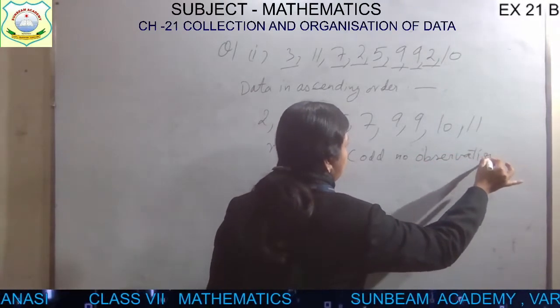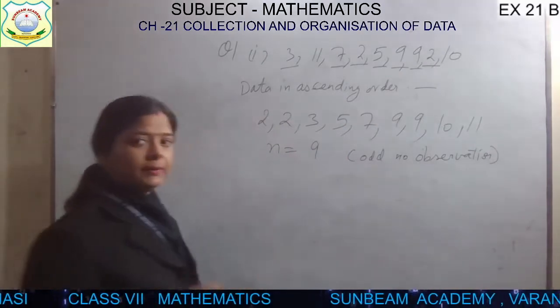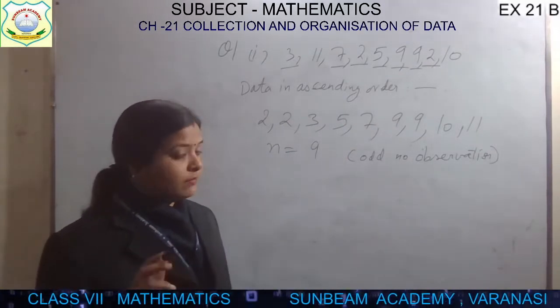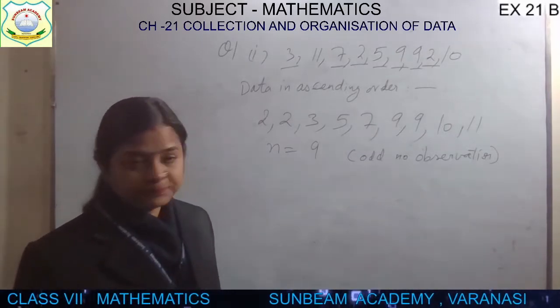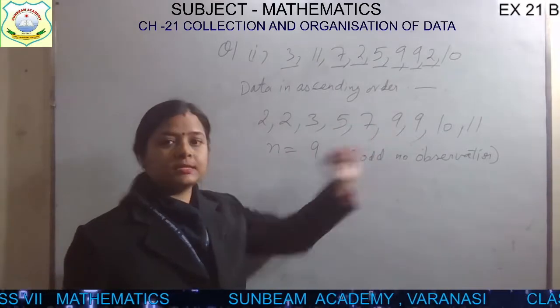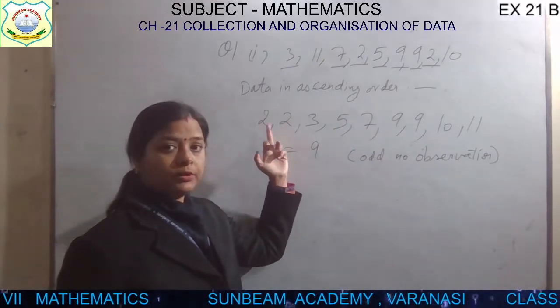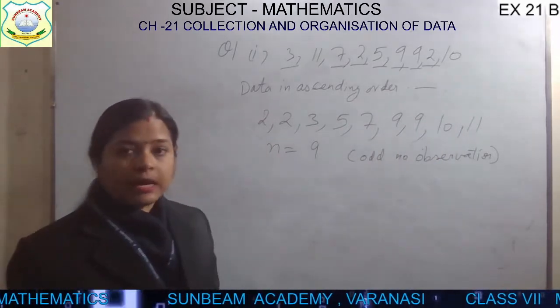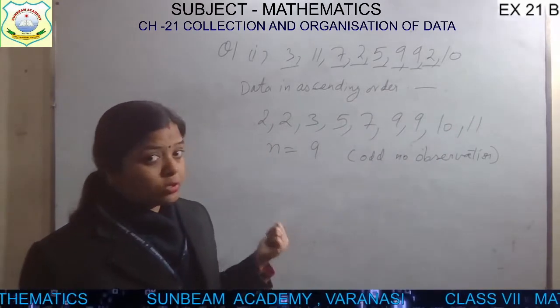So in the beginning itself you will decide which formula you have to apply. So first of all, n is 9. Total number of observations is 9. हमने count किया कितने हैं? 1, 2, 3, 4, 5, 6 करते करते 9 है. So 9 is an odd number. So odd number observations हैं हमारे पास.